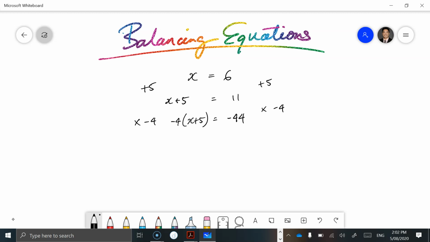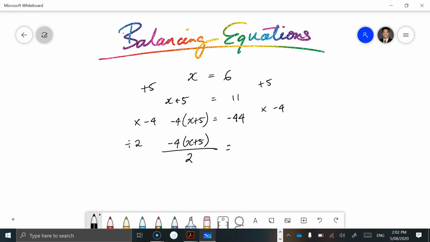So we're keeping things balanced. The rule of thumb here when we're balancing equations is what you do on one side, you do the same thing to the other. Okay. Then let's say if we were to divide by 2, then we've got minus 4 times x plus 5, and we're going to divide that whole thing by 2.